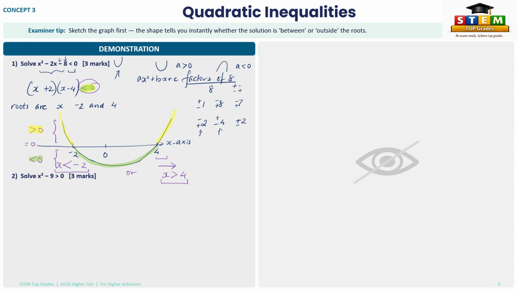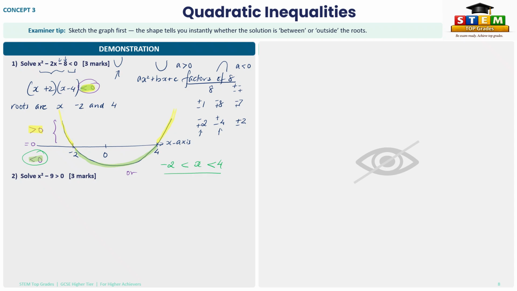So we're not looking for the right-hand side and the lower left-hand side. We're looking for the middle part, the in-between part, because this is where you have less than 0, and x has to be in between those two values, -2 and 4. Solution: x lies between -2 and 4.